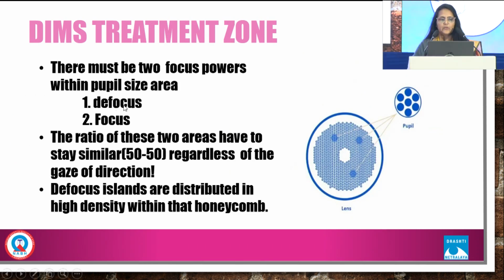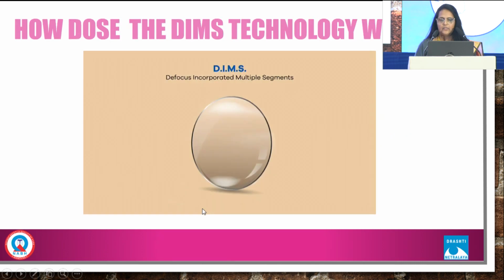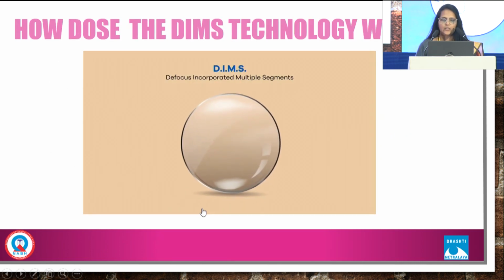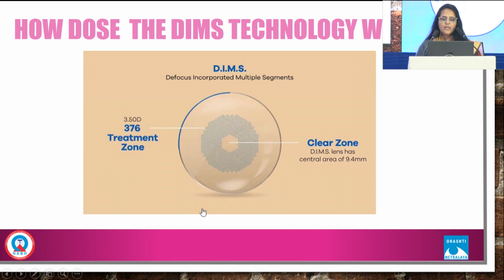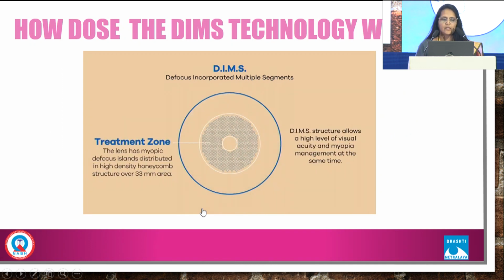In one pupil size area there are two areas, defocus and focus, both 50-50, densely arranged within this honeycomb. If you look at the animation, this is the clear zone and this is the treatment zone for DIMS technology.